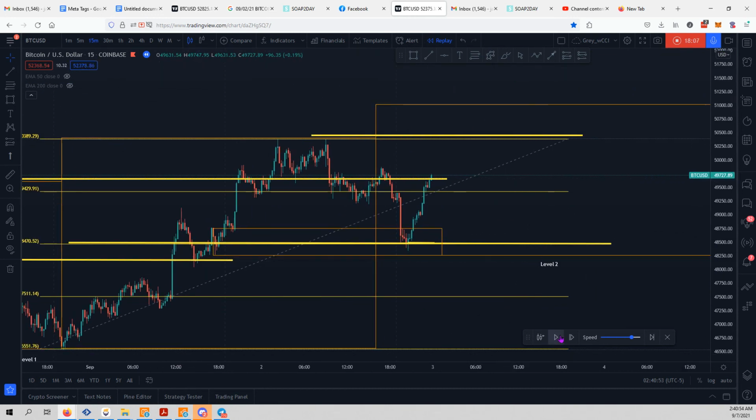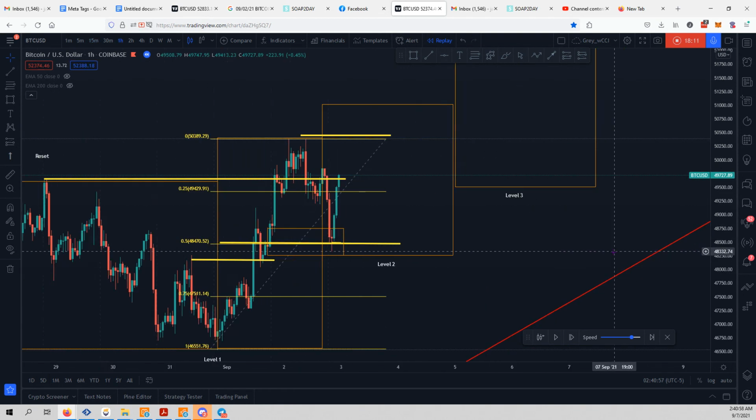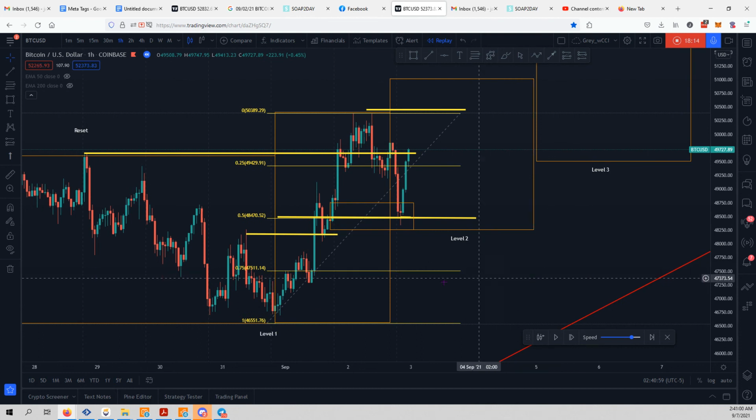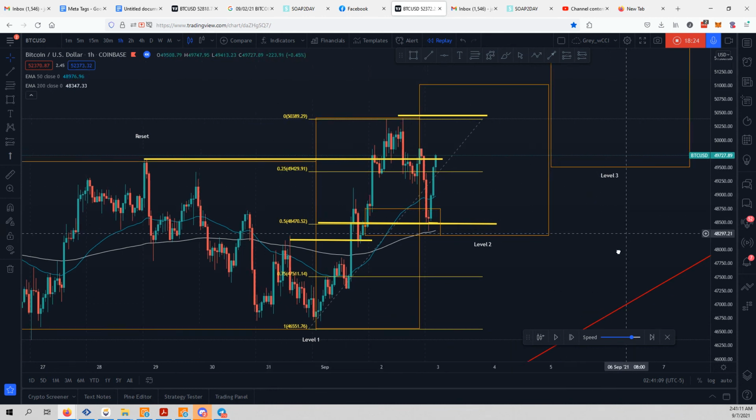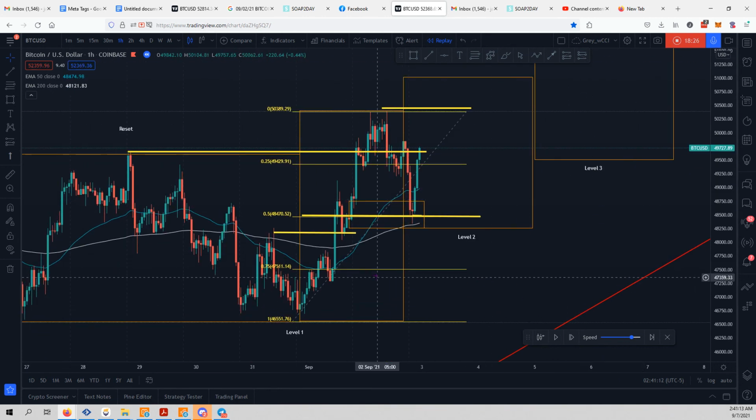Anyways, let's follow the rest of this. Let's go back to the 1 hour chart. Just summarizing, I've shown you how I use the EMAs for reading levels, and I've also shown you how retailers use the EMA to bounce off of.